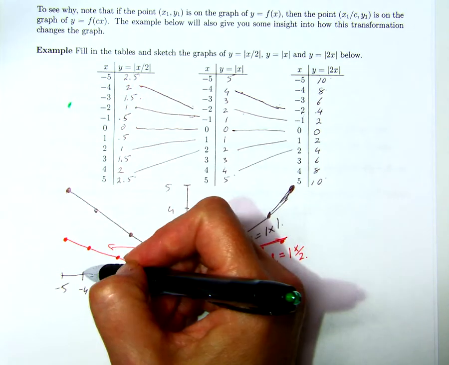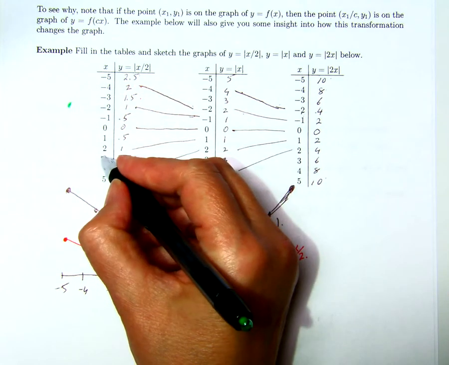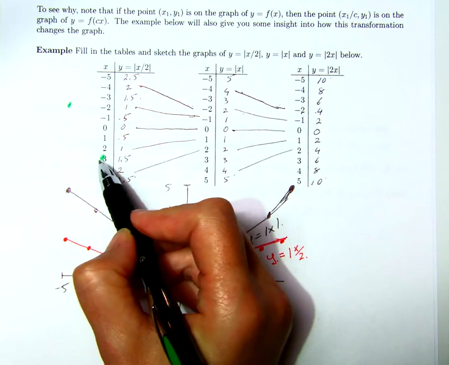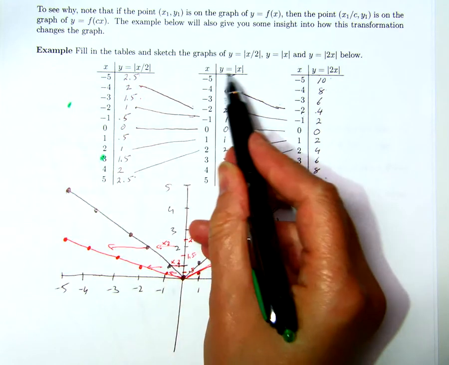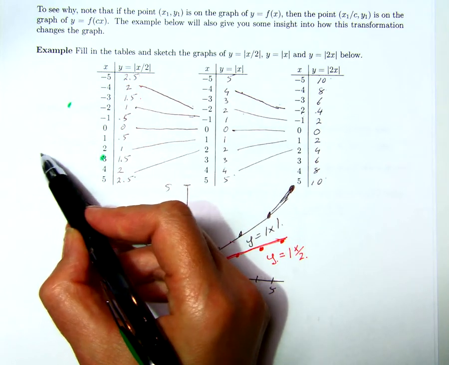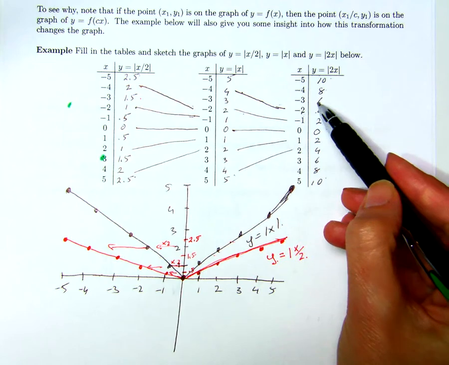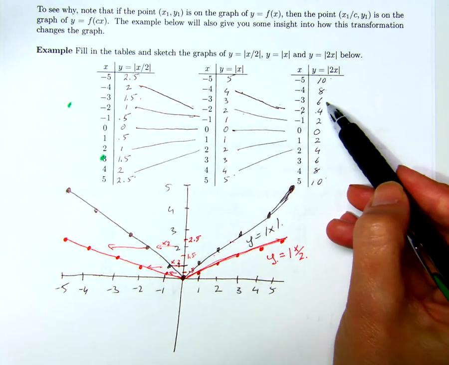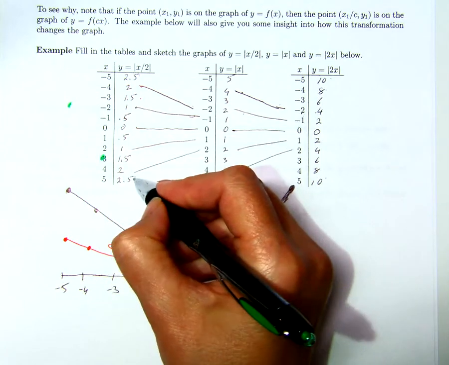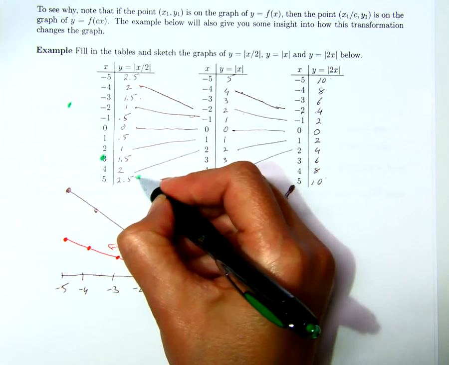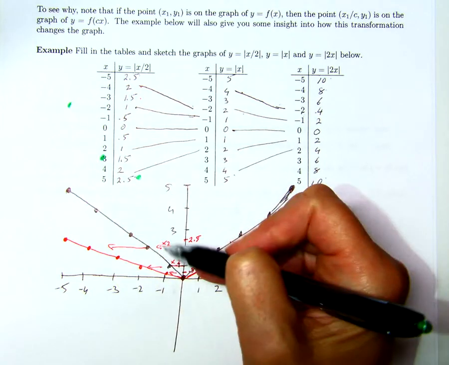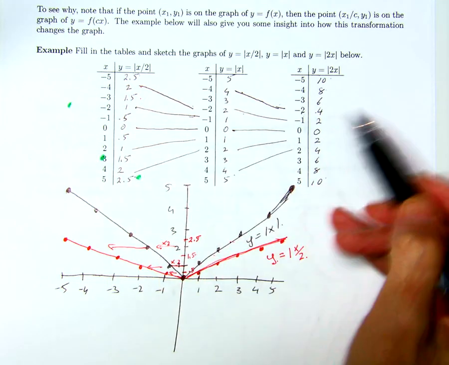The point -4.8 again doesn't correspond to anything that we have here. It's basically the point 8.8 on the graph y equals the absolute value of x, with its distance from the x-axis halved, or from the y-axis halved. And the point -3.6 again comes from a point -6.6 on this graph, with the distance from the y-axis halved.